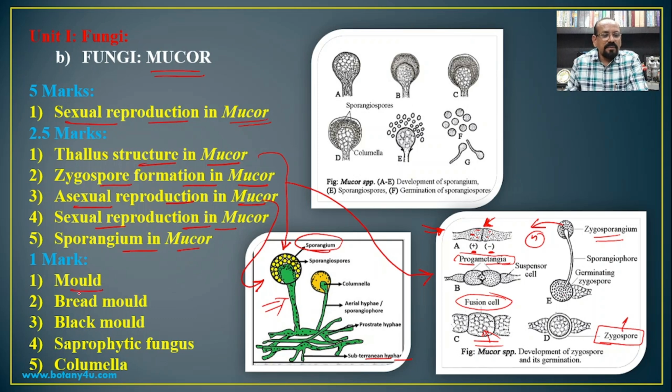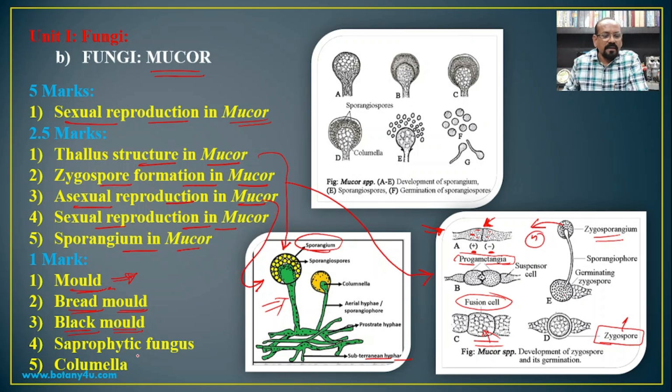Then mold. Here it is a saprophytic fungus, and there is a development of the hyphae from all sides of the bread or any other organic matter, and such a type of fungi are known as mold. It develops on the bread, and hence it is known as bread mold, and the spores which are formed by it are black in color, and hence it is also the black mold.